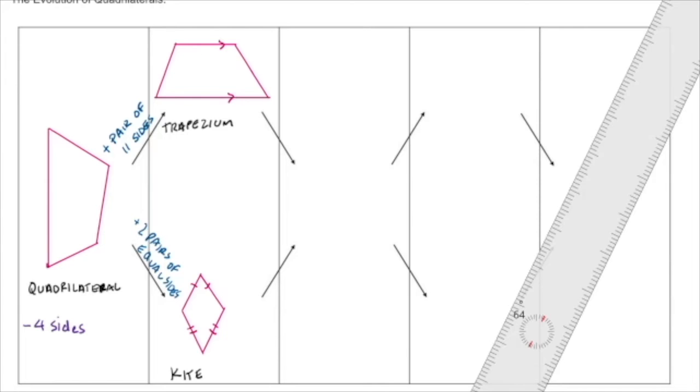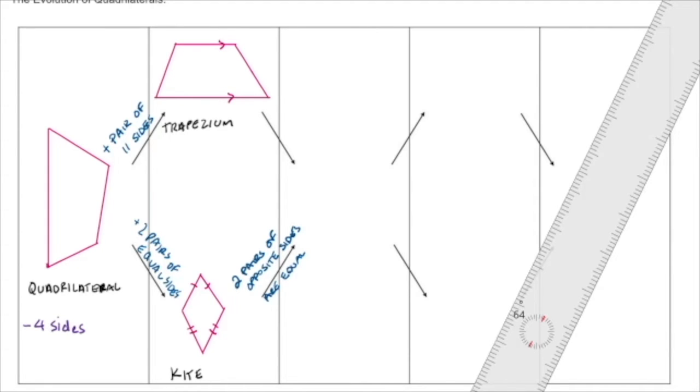So coming up from our kite, we're going to have 2 pairs of opposite sides that are equal. Okay, so we've got those sides that are equal.